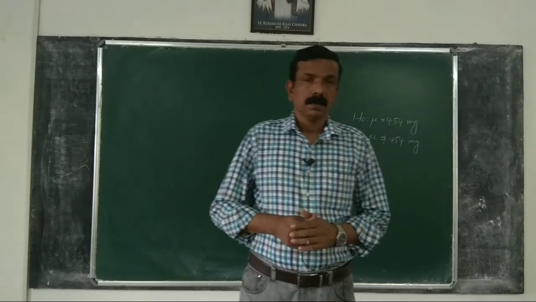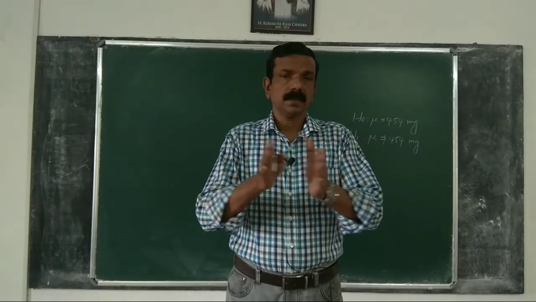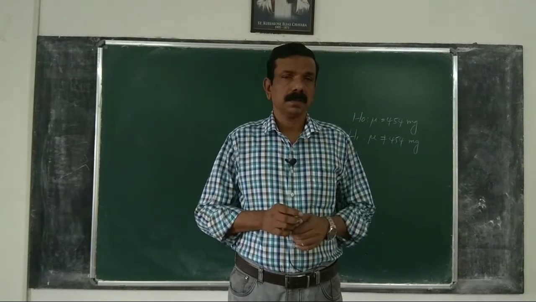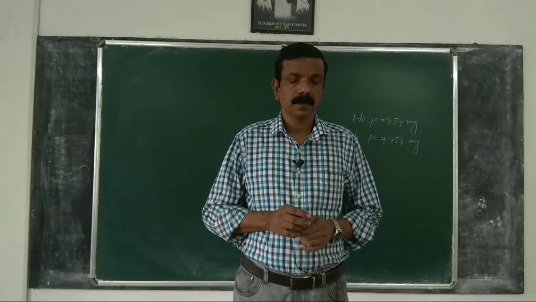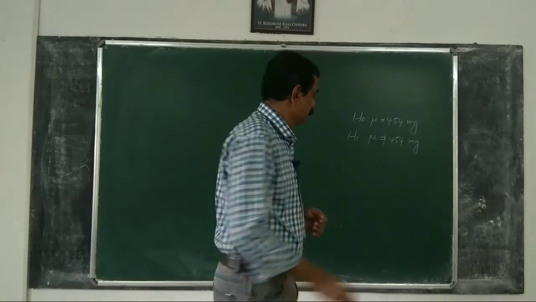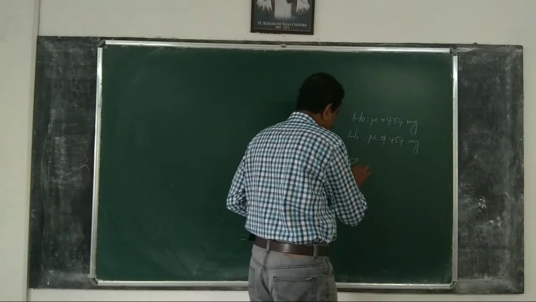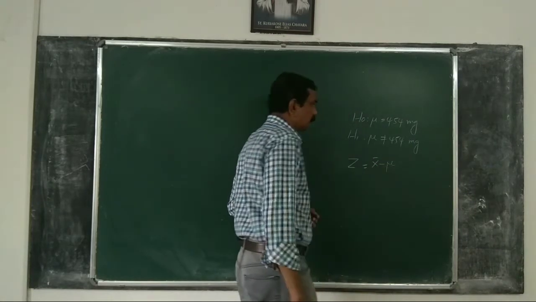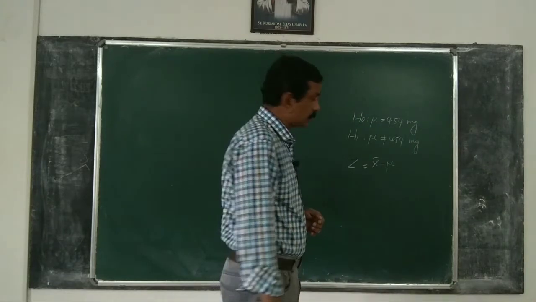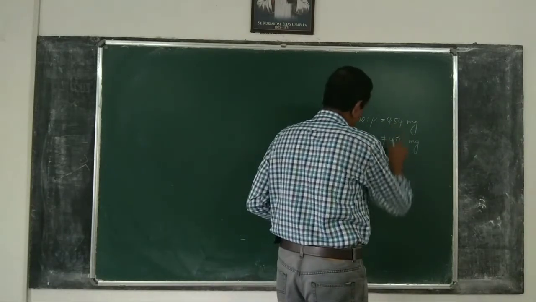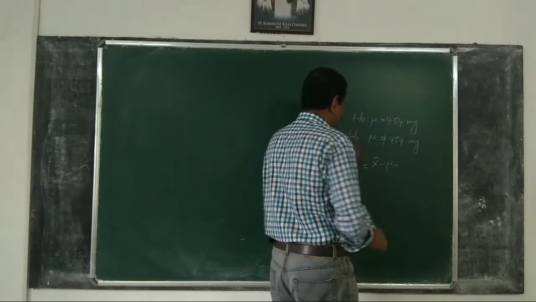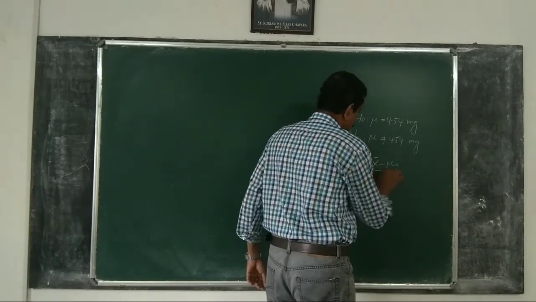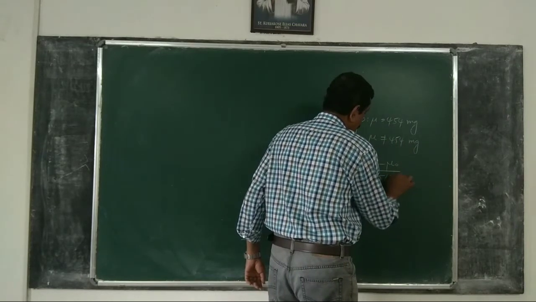Now, to decide whether to accept or reject H0, we derive Z as equal to x bar minus mu, where mu here is the value hypothesized under the null hypothesis, by sigma by root n.